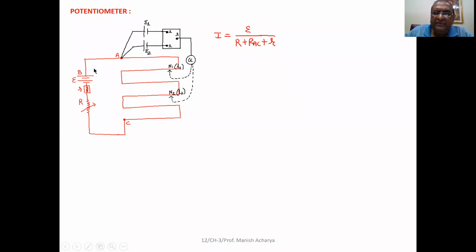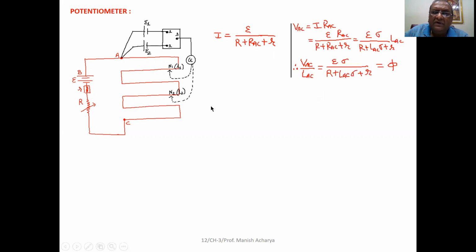Now see here, to operate the circuit, the battery with EMF E and internal resistance r is connected. The resistance box R is connected in series with it, and a potentiometer wire. All these are connected in series. So we can write the current constituted I equal to E upon R plus resistance of potentiometer wire, that is resistance of AC wire, plus internal resistance of the battery.